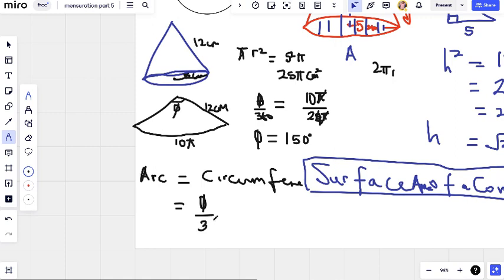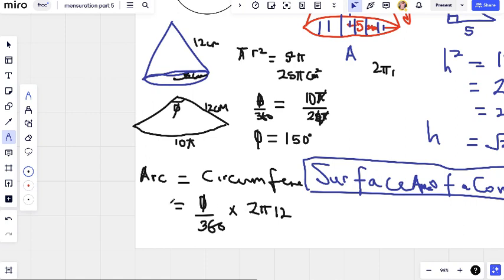So you say phi over 360 times 2 pi r. So 2 pi, and I'll put the radius. The radius of this sector is 12. So times 12. So I will have 24 pi, right?